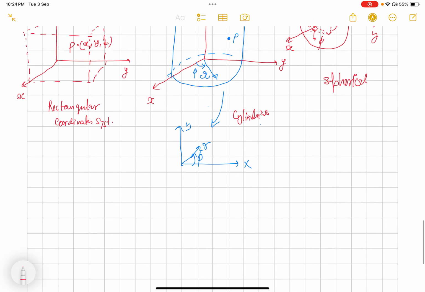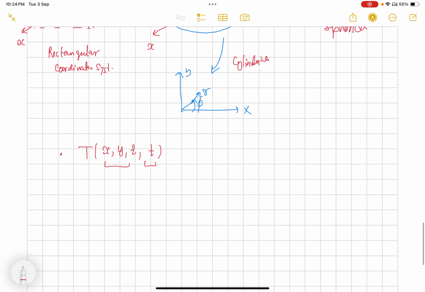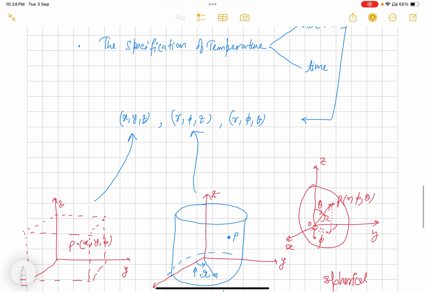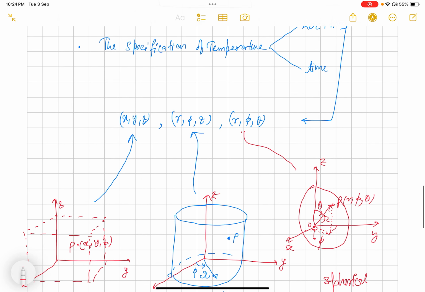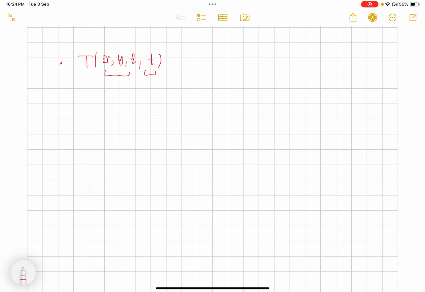So temperature can be specified like this, and time. We need position as well as time to specify the temperature. I have specified the rectangular coordinate system, and you can similarly specify the cylindrical and spherical coordinate systems.